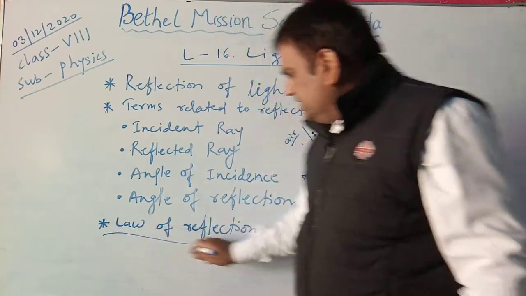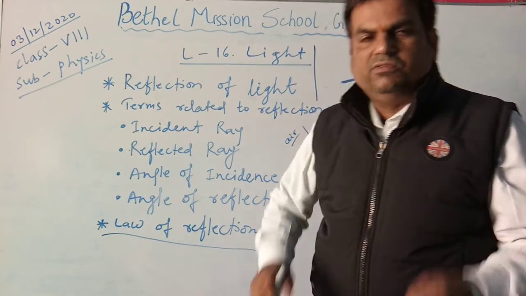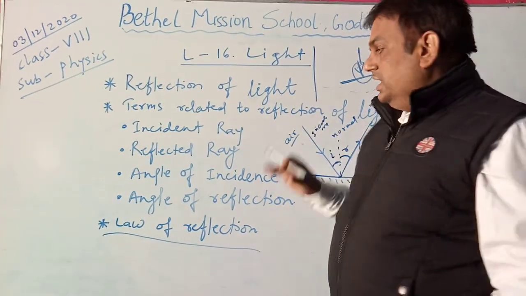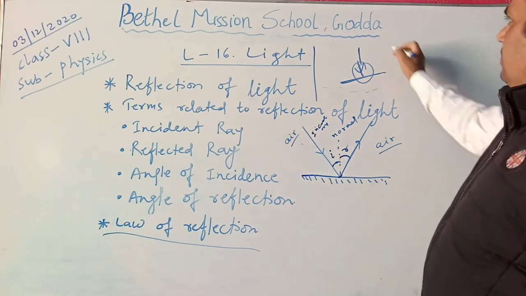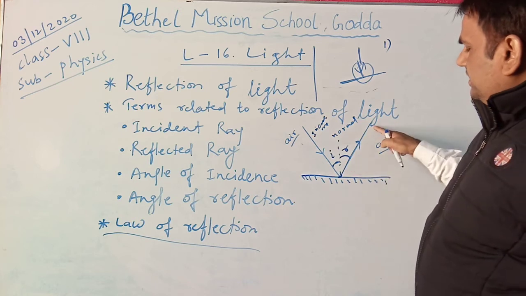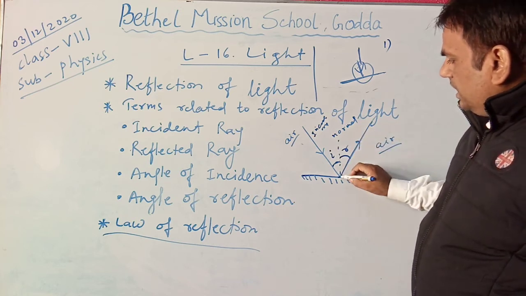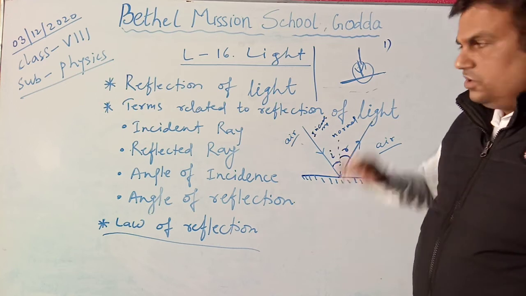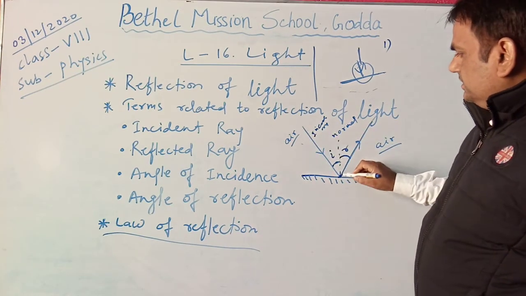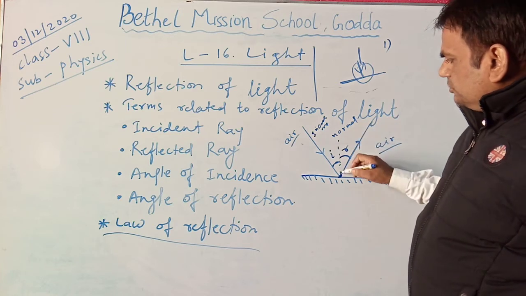Now the topic is the laws of reflection. Actually there are two laws of reflection. Law number one: the incident ray, the reflected ray and the normal at the point of incidence all lie in the same plane. As you are watching, this is the incident ray, this is the reflected ray and this is the normal.